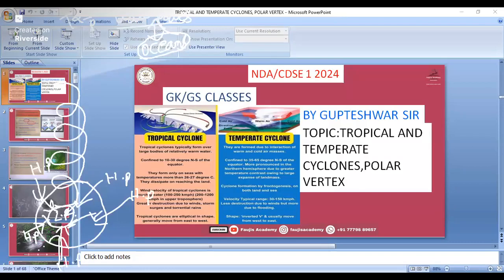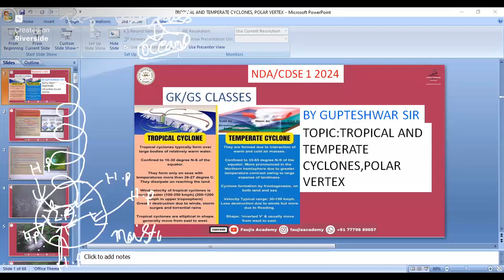Now see here. Pressure is applied from all those directions, so it will start rising in a spiral manner, or you can say in a cyclic manner. When that wind is blowing in the oceanic part, it is confirmed that the warm air will carry moisture with it.